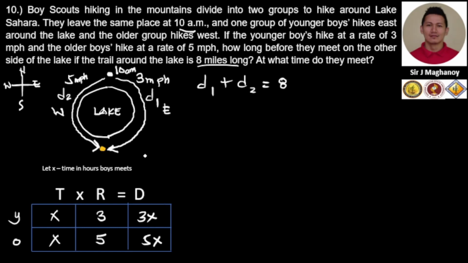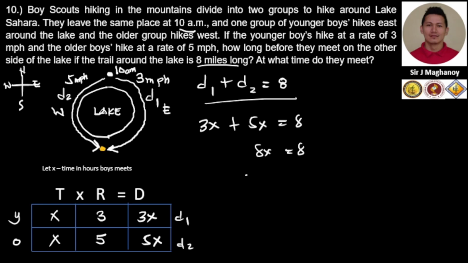Now, substituting our given, this is our D1 and this is our D2. So we have 3x plus 5x is equal to 8. This becomes 8x equals 8. Therefore, x is equal to 1, and the unit is hour.